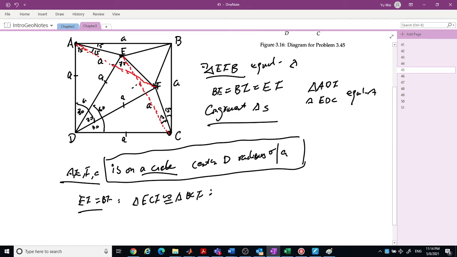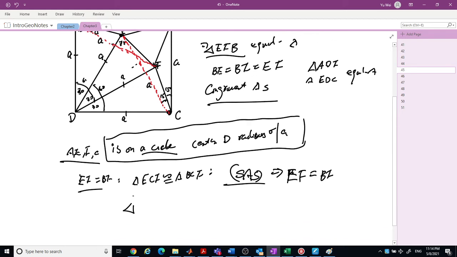EC equals BC, right? CF is a common side to this triangle and this other triangle, and the angle 15 to 15. So the rule is called SAS. So that's why you have EF equals BF.